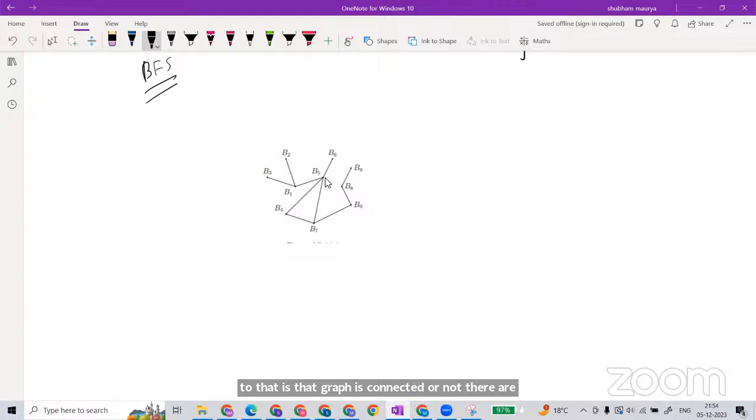So what is the BFS? BFS needs a starting point. It could be any one, you can choose. Either it could be given in the problem that you start the BFS with a particular vertex, or for the general case, I'm assuming that the algorithm starts from the vertex B2.